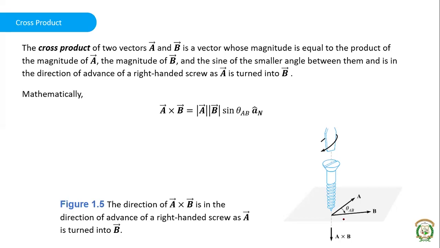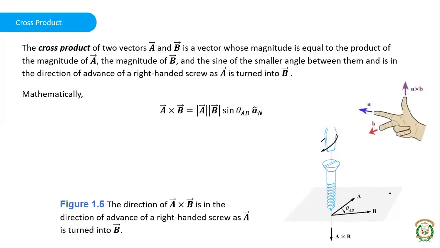If you consider this as a horizontal plane, and place the screw perpendicular to that plane and rotate it from A to B, the screw will obviously move downwards, right? So the direction of the product vector A cross B is downwards, as shown in this figure.